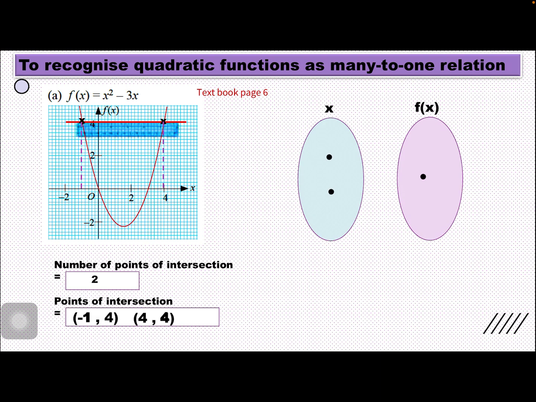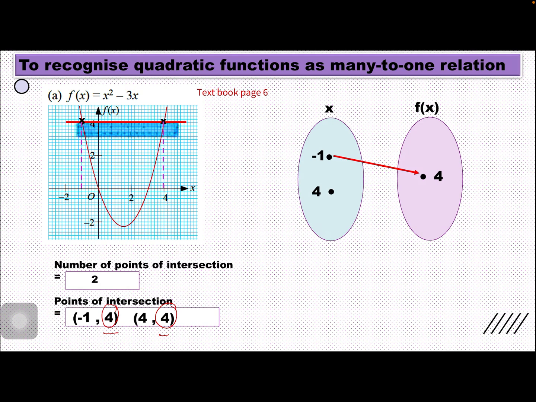We can see that they are sharing the same f(x). So we say that negative 1 is mapped to 4, and 4 is also mapped to 4. So negative 1, 4 as well.